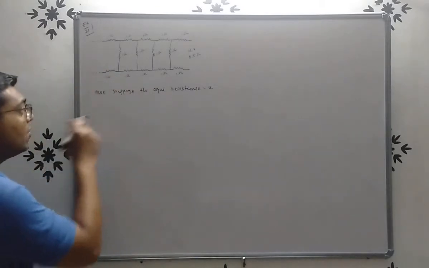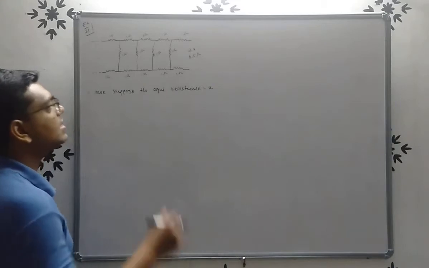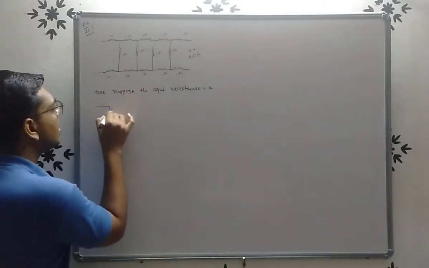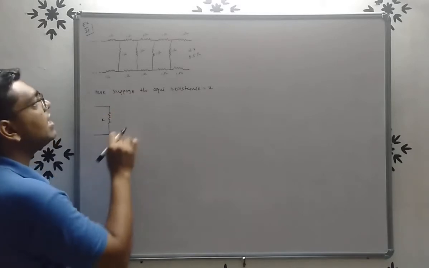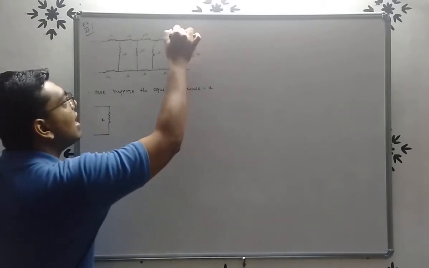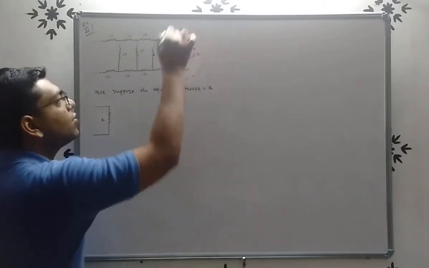So here we know that suppose the equivalent resistance of this infinite network is X. So here this is the equivalent resistance X, right? And here we add some small element, like this small element we add to find out the equivalent resistance.